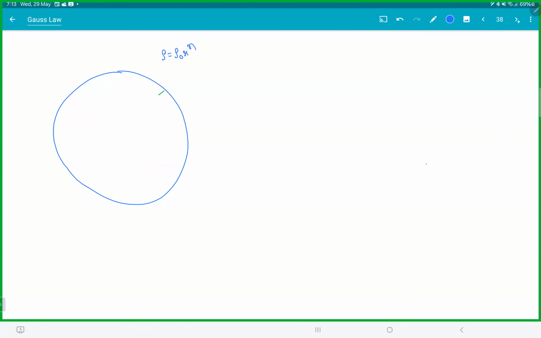So first let's take a Gaussian surface inside. Right now, but before that, let's find the charge first. If you take this small sphere of radius r, inside this sphere, let's take a thin shell of radius x and thickness dx.